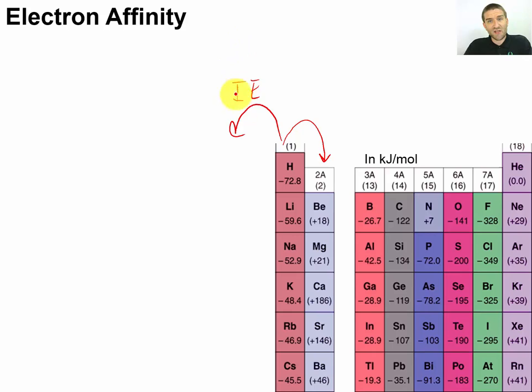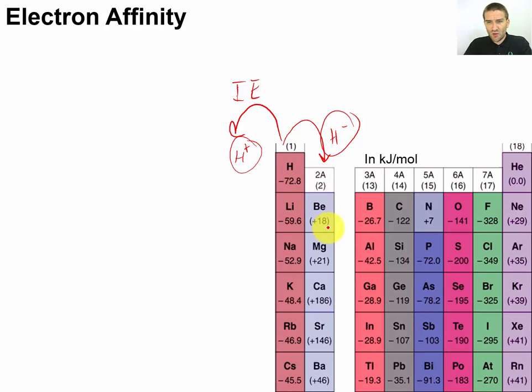In this case, it's going to be better at giving up an electron. So while it can get an extra, it's even better at giving that electron up and becoming the plus charge. But it can also become the minus charge. And so we will actually see throughout the course, you can have either H plus or H minus, because it turns out hydrogen's pretty good at doing either one. It can either gain an electron or it can lose one.